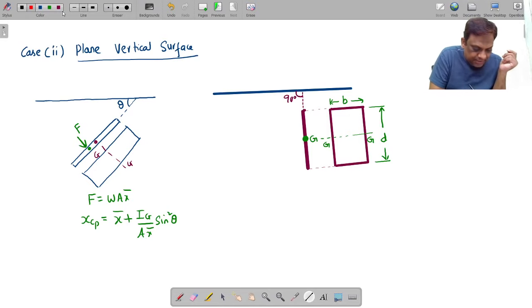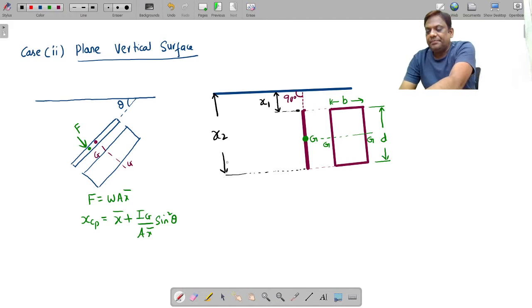And my dear students, let this length be x1 and let this length be x2.